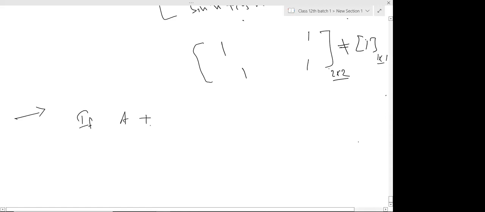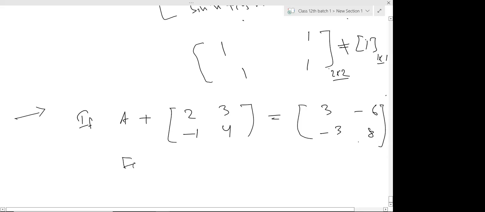If A plus [2, 3; minus 1, 4] is equal to [3, minus 6; minus 3, 8], find A. All right.